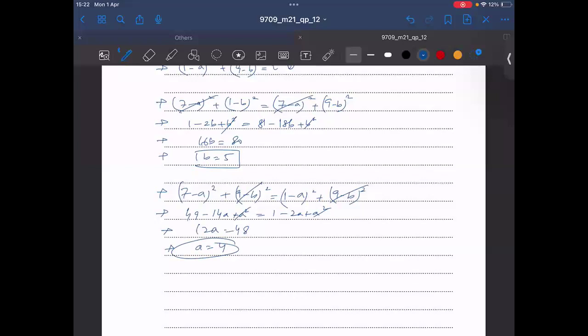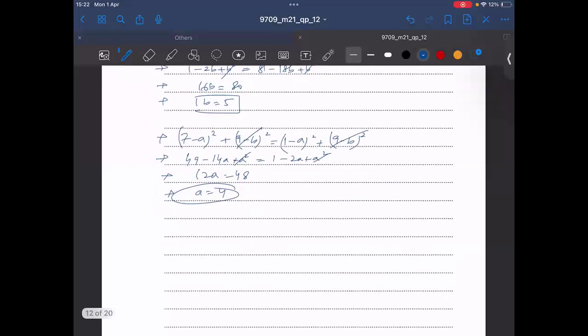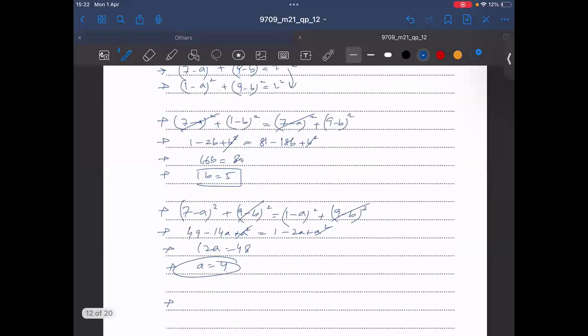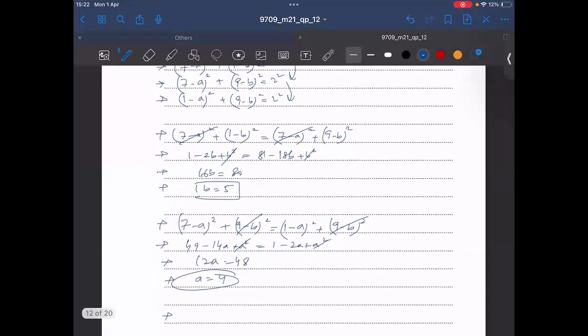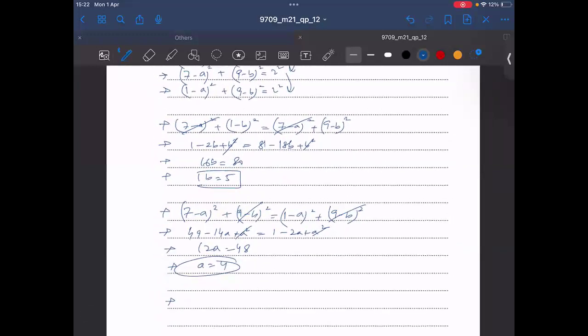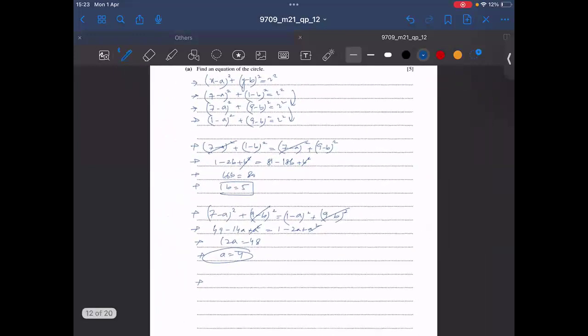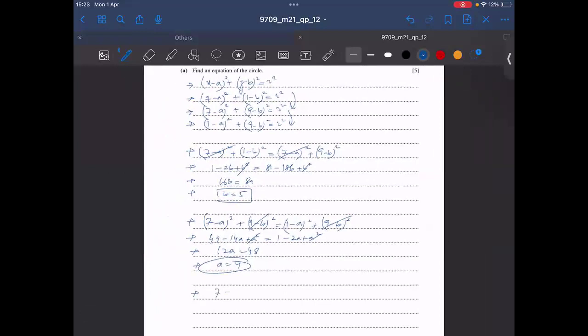All right, a is 4. And I'm now going to substitute. Let me substitute 7 minus 4 whole square plus 9 minus 5 whole square equals r square.